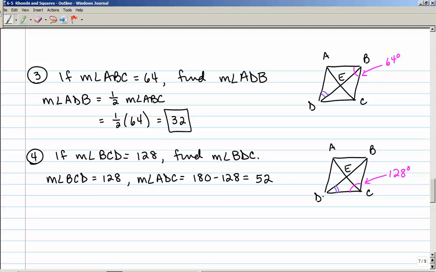So angle ADC is 52 degrees because consecutive angles have to be supplementary, and the measure of angle BDC, which is the one I have marked in purple here, is going to be 1/2 of ADC, or 1/2 of 52, or the measure of angle BDC is 26 degrees.